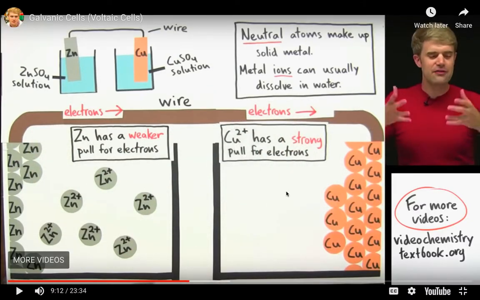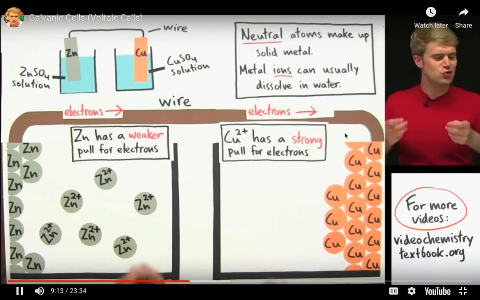And I just want to point out that the flow of electrons, it's important to know which direction they go from and to. So in your homework, you'll have a question about determining which direction the electrons will flow. We know that because one is being oxidized, losing electrons, and one side is being reduced, gaining electrons. So just keep that in mind.